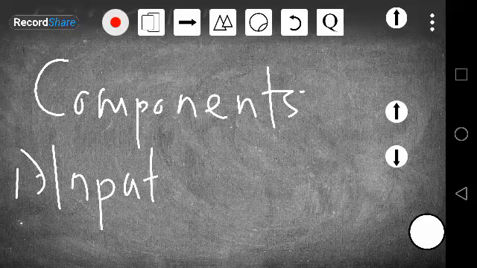Input refers to all devices that are used to enter information in a computer system.